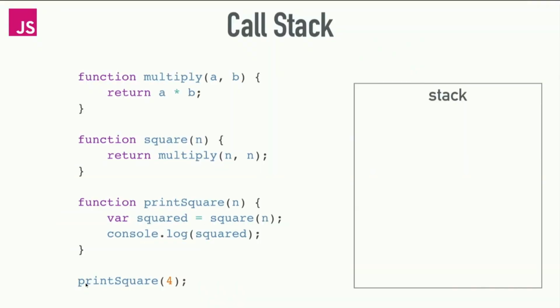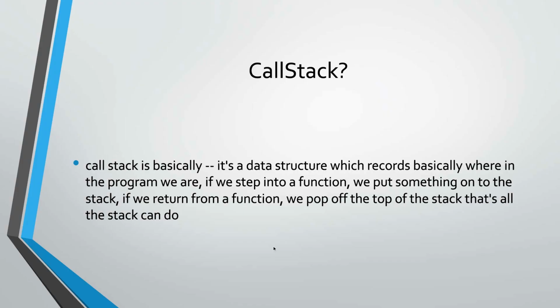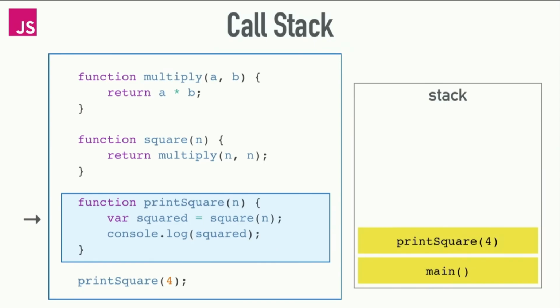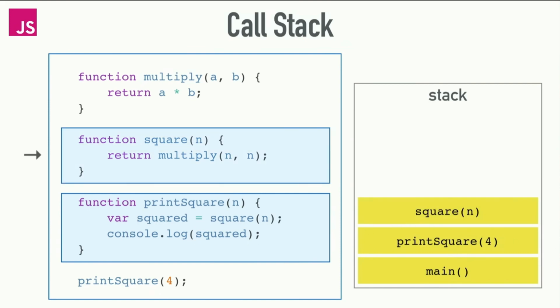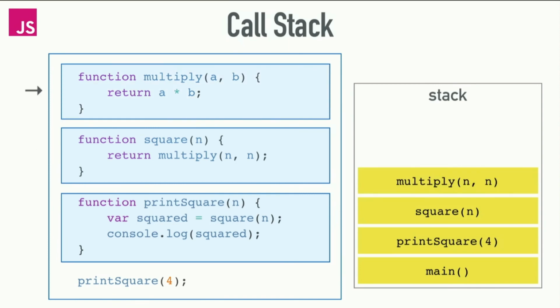For example, if we call this function, it is going to be stored in the stack. In the call stack, this is the file name, main. We call the print square function, and it is stored on the stack, like this, and then square and multiply.